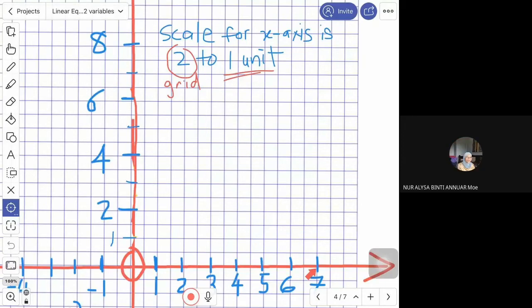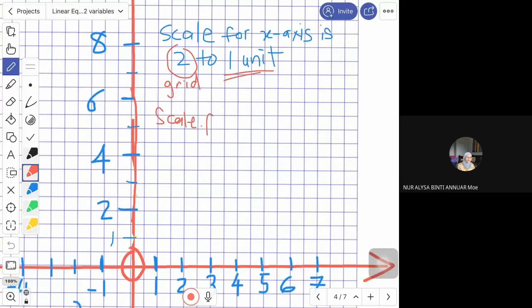Okay. Yes. What about the scale for the y-axis? The scale for the y-axis is also the same. 2 grids, just write 2 grids to 1 unit. 2 grids to 1 unit.